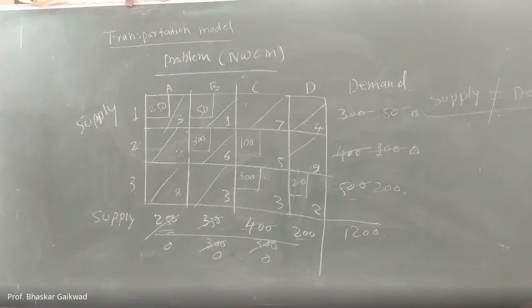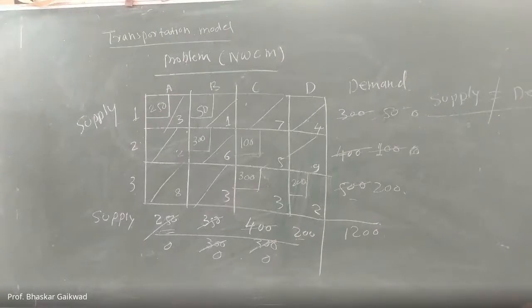Deduct it from both sides. Then you go to the next northwest corner, see the demand and supply, write the minimum value in that corner, and deduct that minimum value from the supply and demand. Like this, you continue up to the last corner.